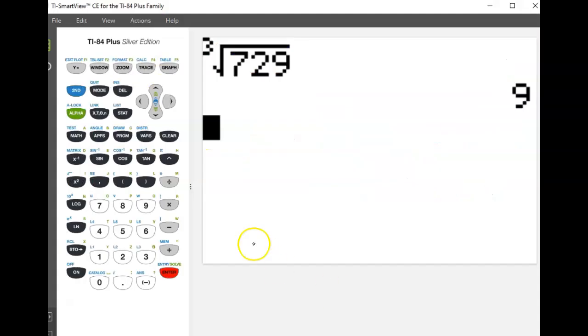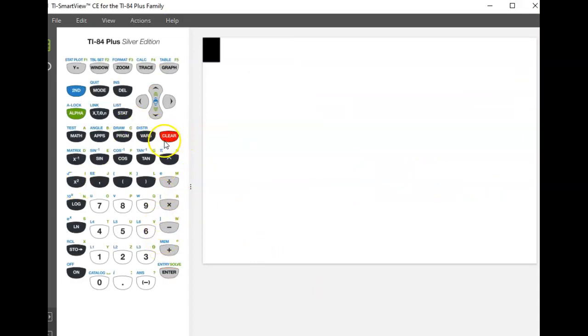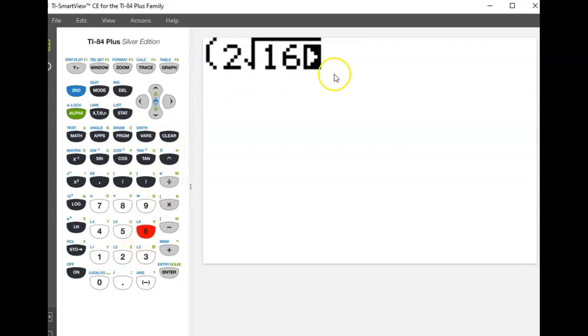Okay? Let's say both of those options were confusing you. In your calculator, now it depends on your calculator, so you just got to be careful. All right? You can actually go ahead and plug in the radical, but you need to put parentheses. So we're going to do 2, and then I'm going to hit square root. Again, imagine you didn't know it was a perfect square, square root of 16. Now, I notice my cursor is still underneath my radical bar.